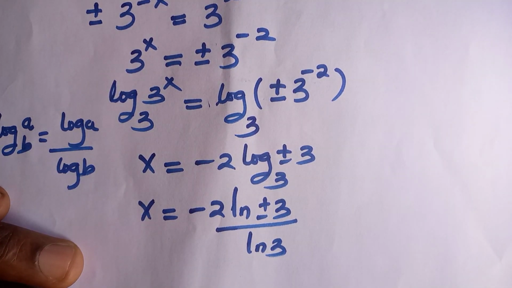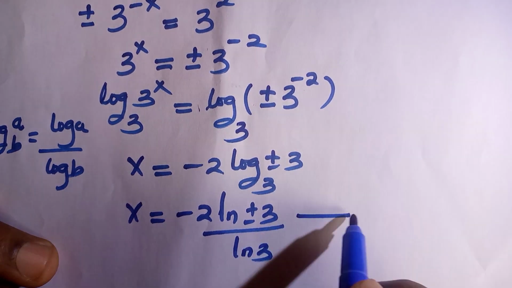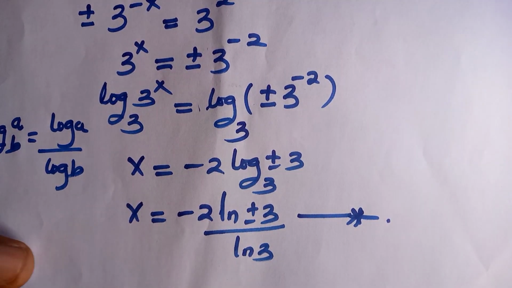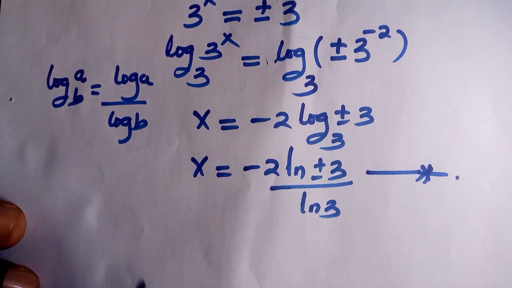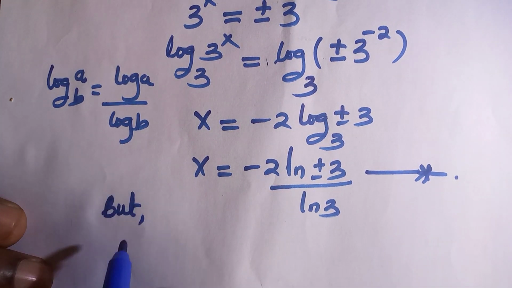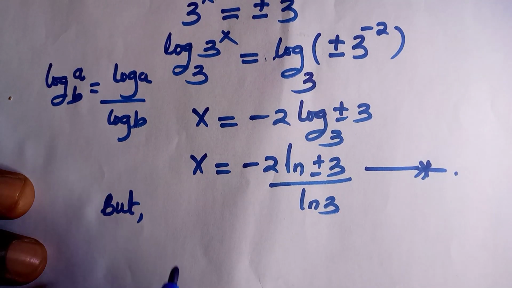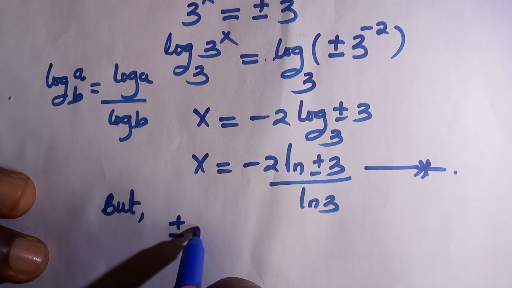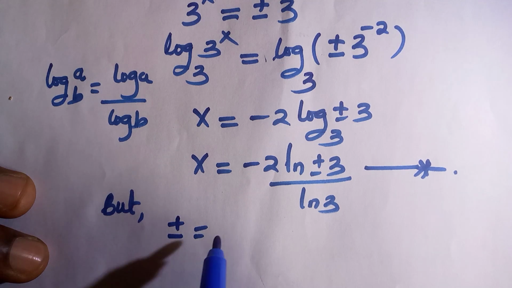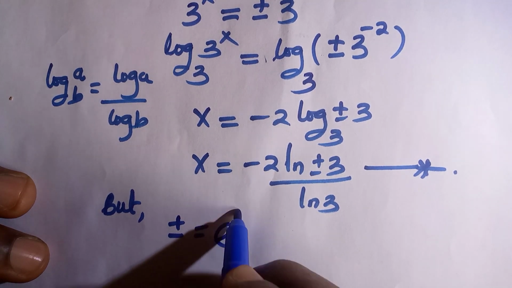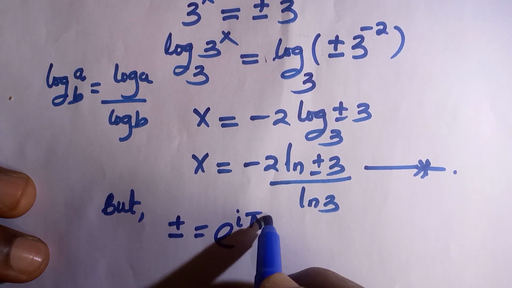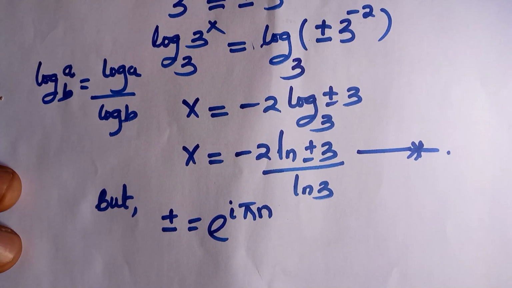So here we have negative 2 ln of plus or minus 3 divided by ln of 3. So we are going to start this, because this is not yet the real solution, because we are looking for the complex, and there's nothing like the complex, the imaginary value here, which is i. So suppose we have plus or minus 1 equals exponential i pi n, so that is the Euler.